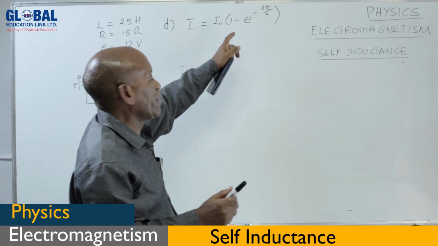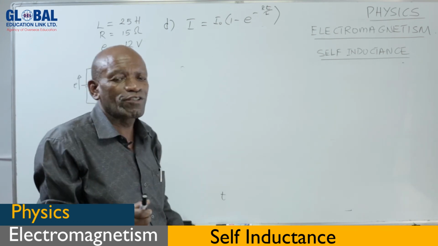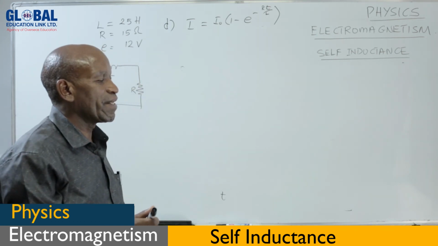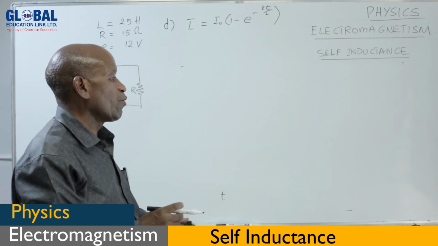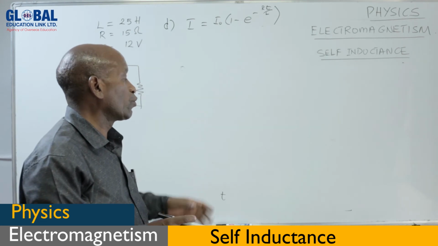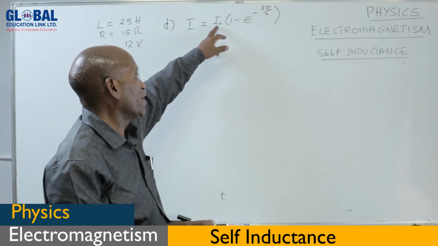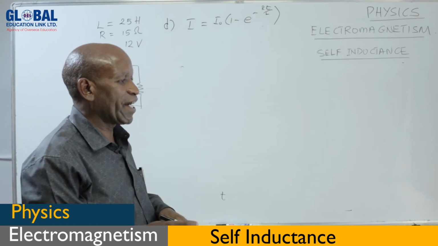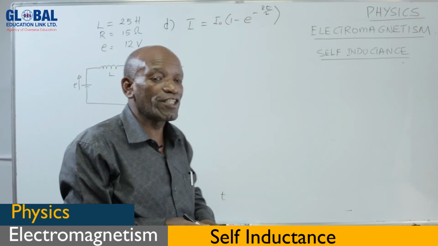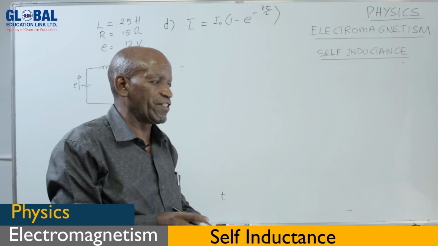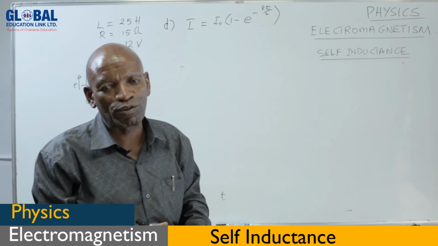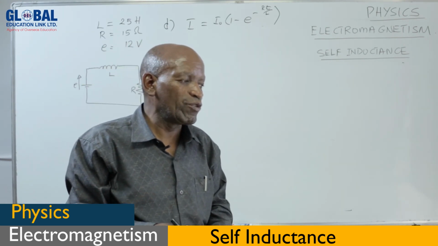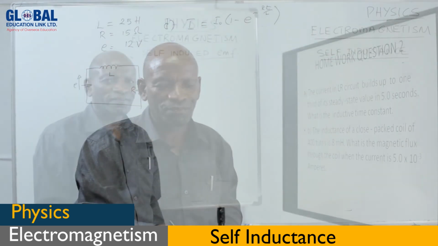All of the values can be computed, and you will eventually obtain the time at which the current reaches just a half of its equilibrium value. That's just a hint, and I hope through mathematics you can compute this and do that question comfortably.